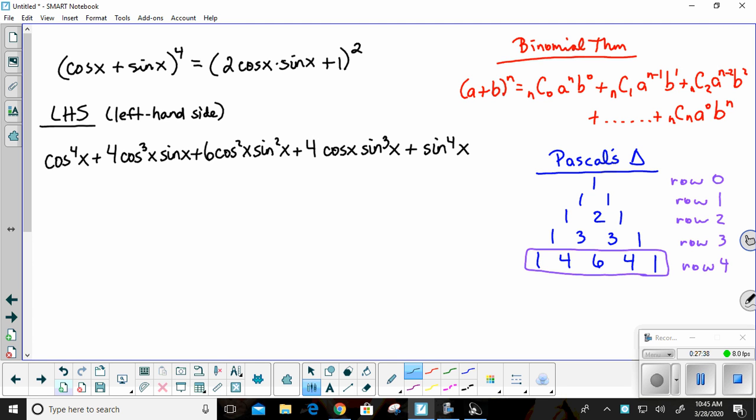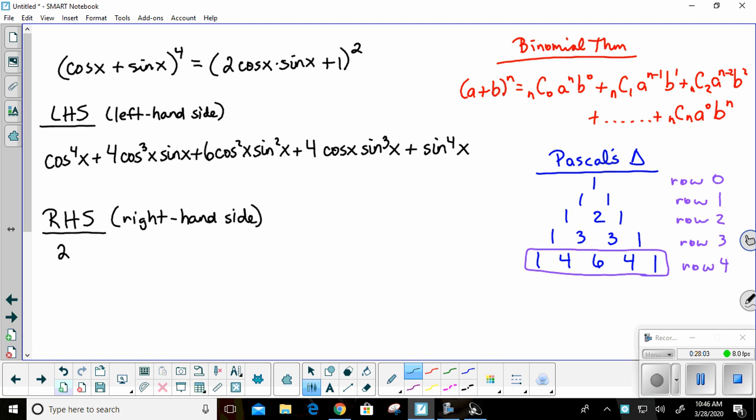This got a little tricky because of what I ended up doing on the right-hand side. I am going to replace that 1. So let me rewrite it first of all. We've got 2 cosine x times sine x. I am replacing that number 1.